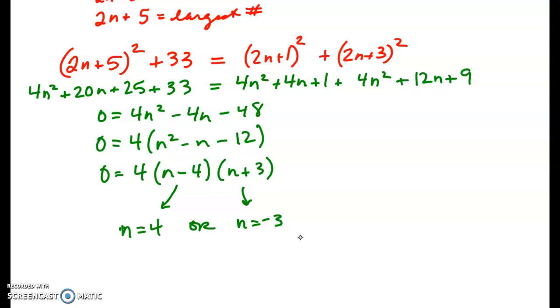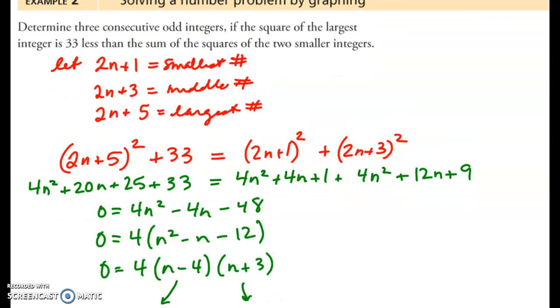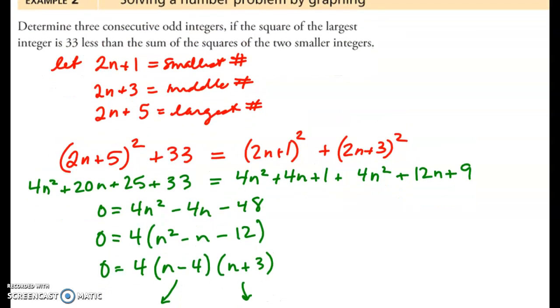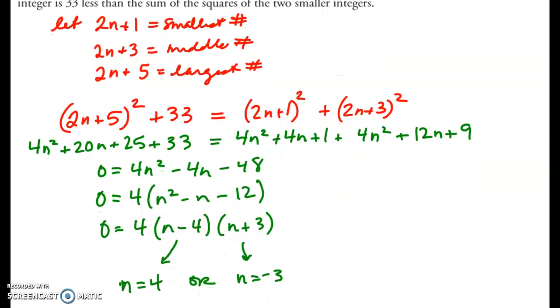Now, let's go ahead and figure our values out. So if n is 4, if I can fit this all on, then our smallest number, let's see, n equals 4, would be 9, and 11, and 13.